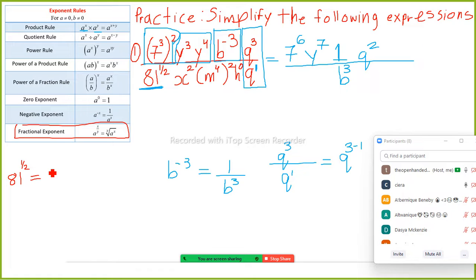It's going to be the square root of 81 to the power of 1. Okay, good. So we're just going to simply have the square root of 81. That means that in here, we have the square root of 81.